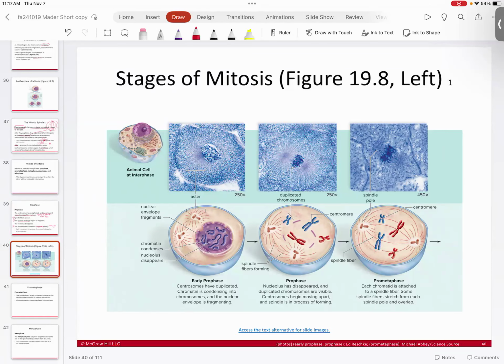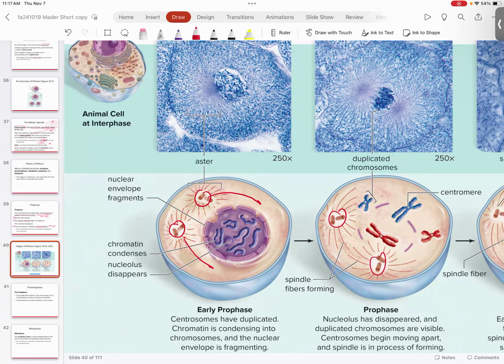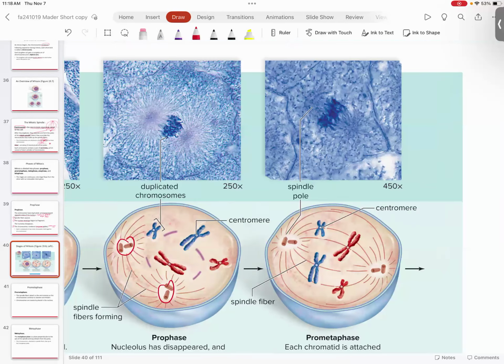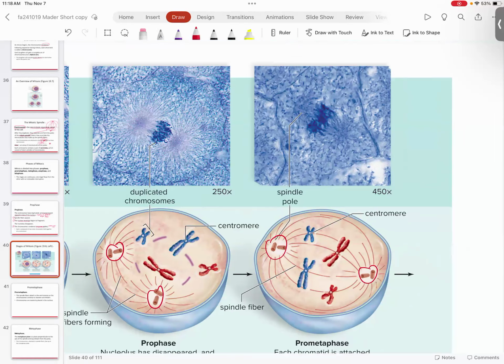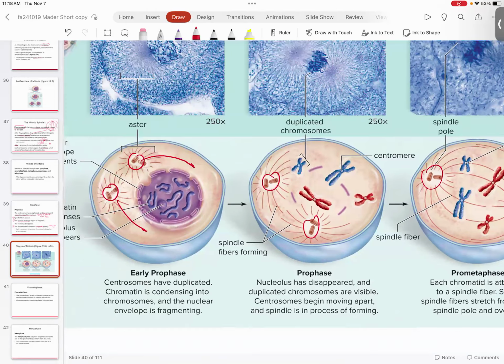Here you can see in early prophase, you've got your spindle poles, the centrosomes that were duplicated in G2. They're now going to be migrating into an antipolar position. You can see how your spindles are getting further apart, and then eventually they reach their antipolar position like this, with a fully established spindle.